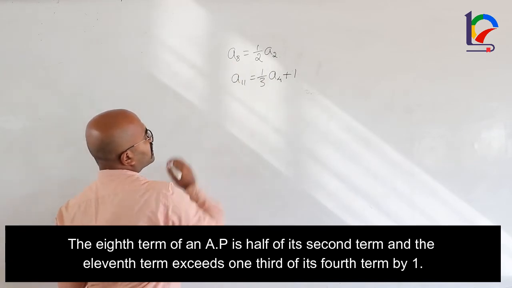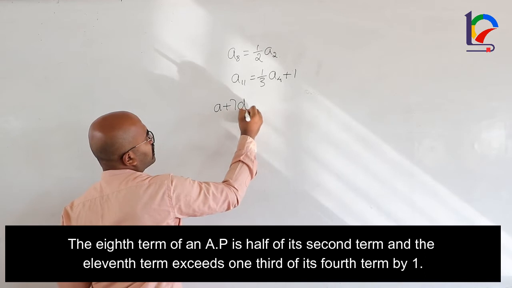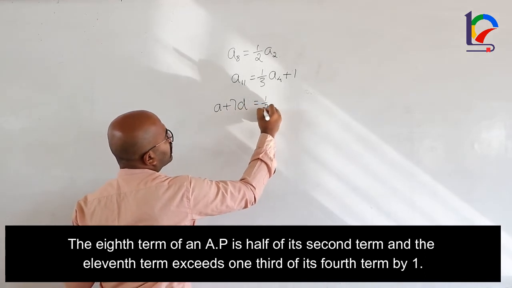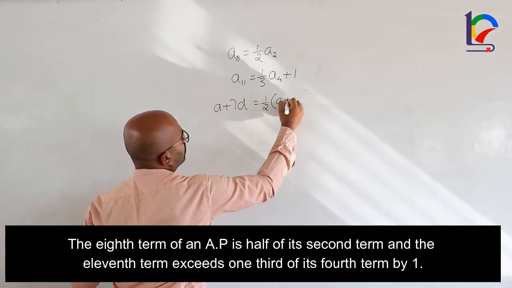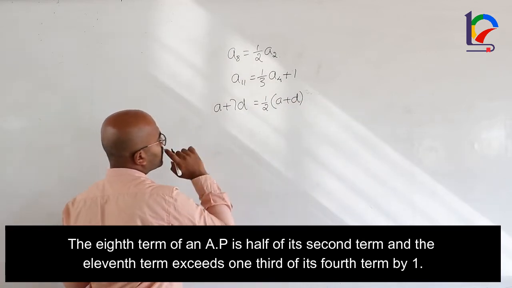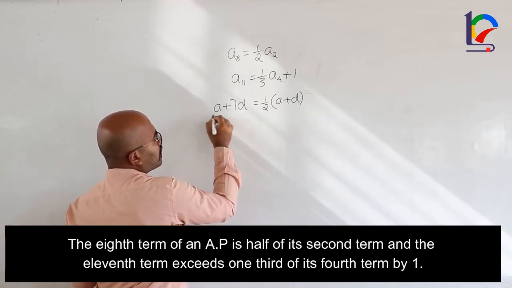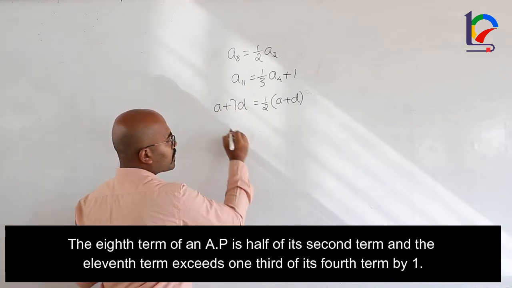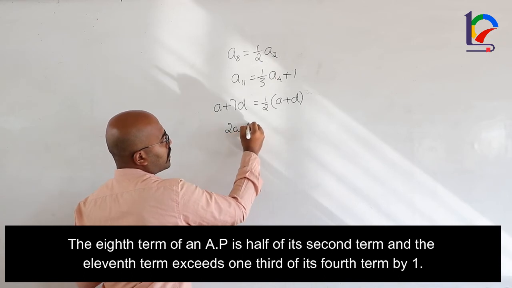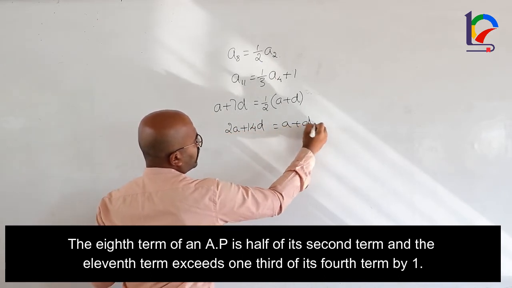If I take the first condition, the eighth term, I can write it as a plus 7d, which is equal to half of the second term, a plus d. On solving this, I can take 2 to the LHS, so the whole thing will be multiplied by 2. So it will be 2a plus 14d is equal to a plus d.